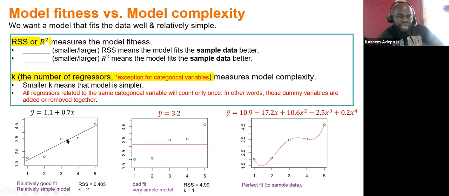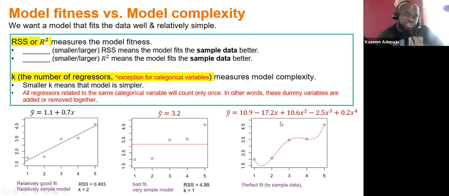This is an example of a simple model. But take a look at this one here. This is more or less like an intercept model. And take a look at this one here. This is a polynomial regression of degree 4. I got 5 regressors.